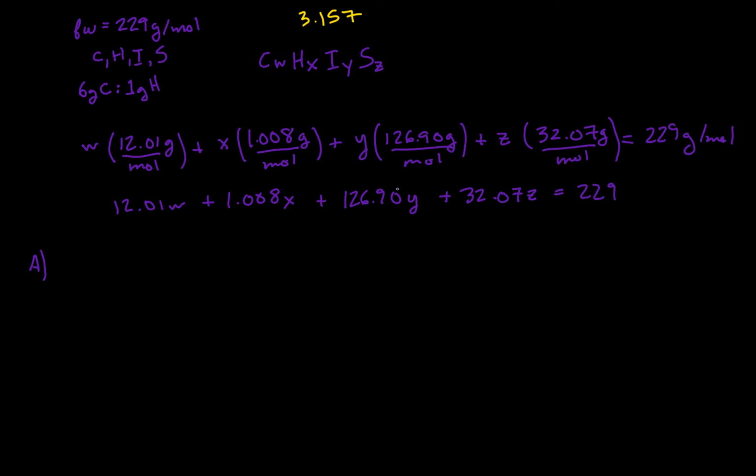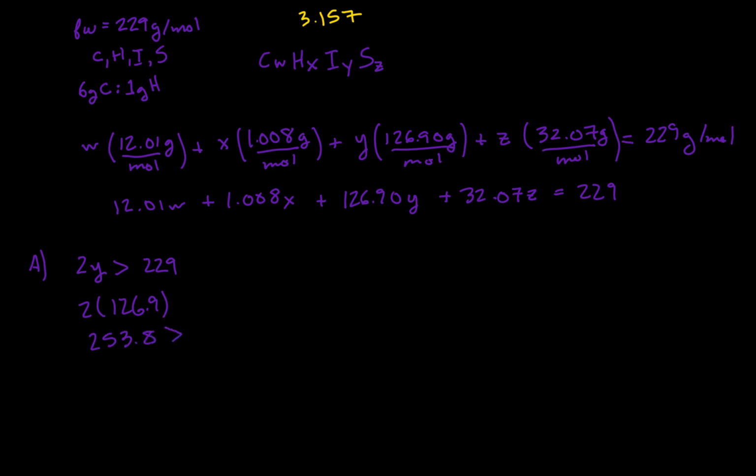The formula weight for iodine is so large that we can't fit 2 of them in there. 2 times the formula weight for iodine is bigger than the entire formula weight. That's 2 times 126.9, which is 253.8.